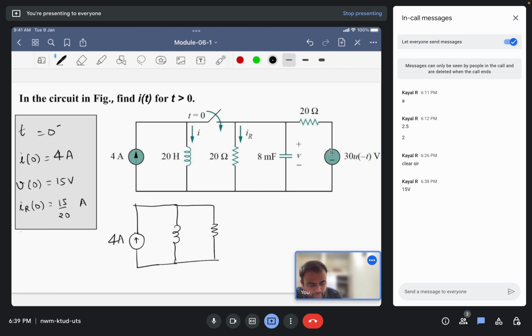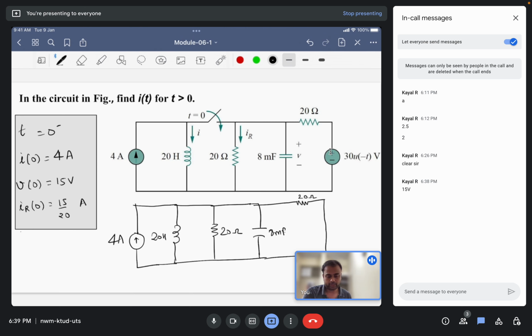We have a 20 ohm resistor, 20 ohm inductor, and there is a 8 millifarad capacitor. And now in this case the voltage source is 0, so it will be a short circuit. There is no voltage. So this is how our circuit looks like.